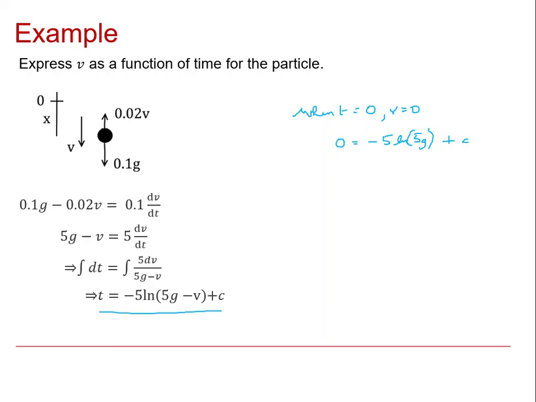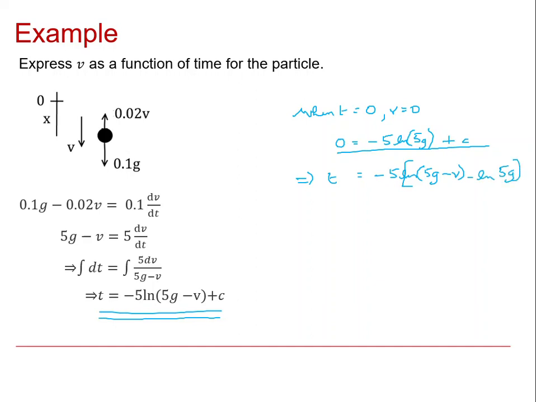So if we subtract this line from the line at the bottom of the page, we'll end up with t equals minus 5 log of 5g minus v, and we can put in brackets minus log 5g.